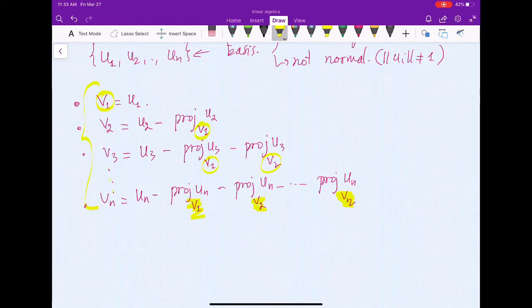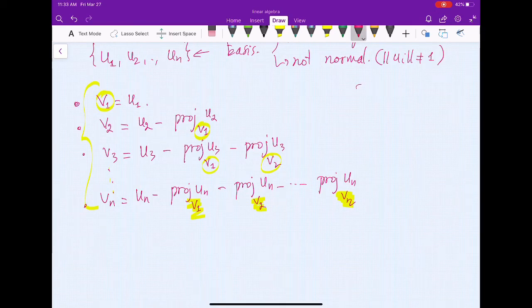You move to the next step and do almost the same thing: subtract from the next vector its orthogonal projections onto previous vectors. But previous vectors means v1, v2, v3, and so on, not the original vectors. Make sense? By doing so, you get an orthogonal basis.